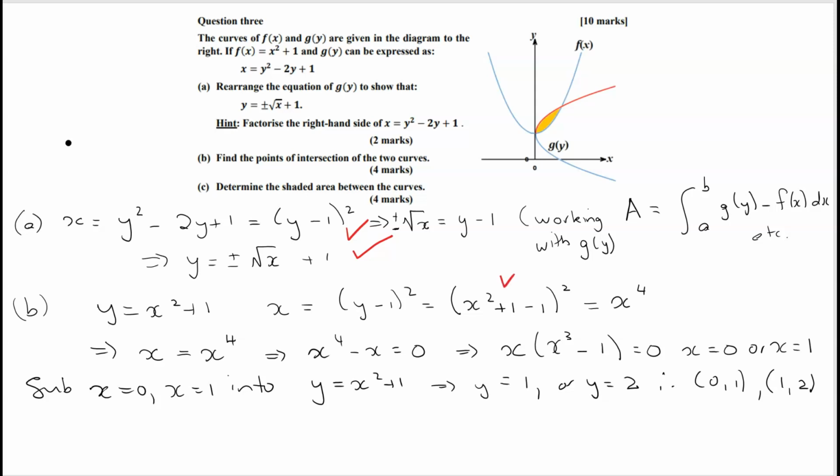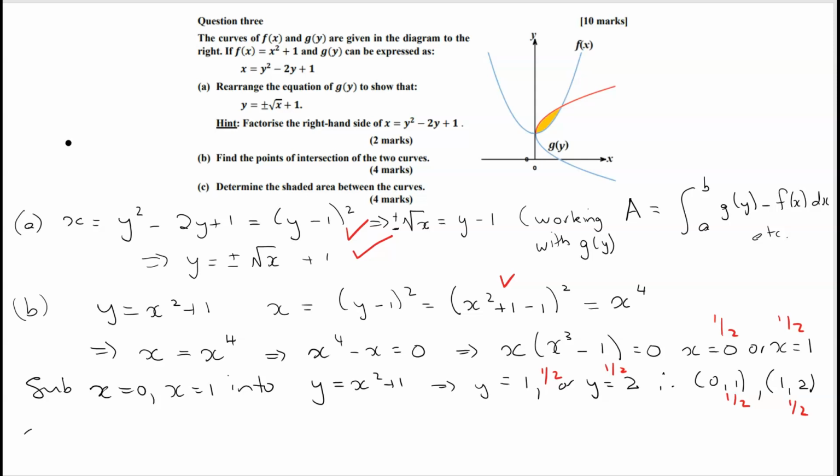You got half a mark for getting each of the x values, and you got half a mark for getting each of the y values, and then half a mark for putting them into actual points, as ordered pairs. Let me see if I can get the rest in there.